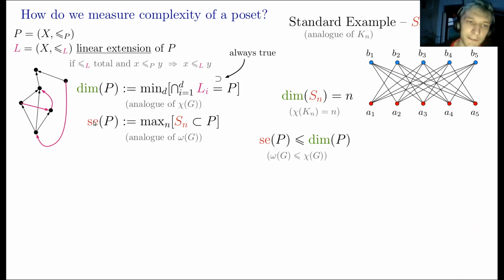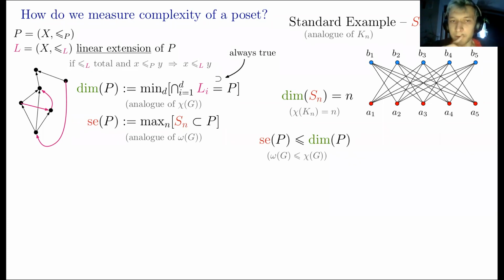In some sense, standard example number is analogous to the clique number. And to justify this, we have dimension of Sn is n, and also we have chromatic number of Kn is n. So this is the same, and also we have this inequality, which is the same. So this is why this analogy can be considered.